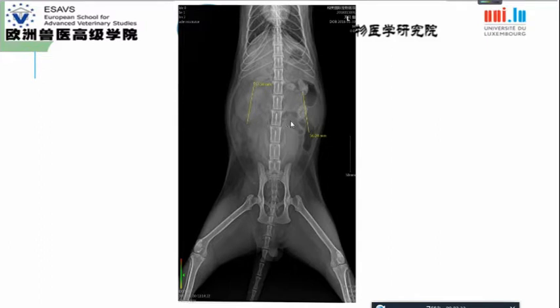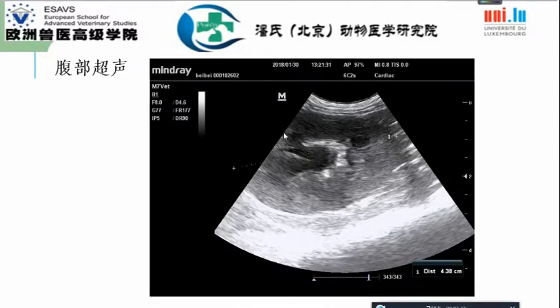So this is another X-ray, and here is the urinary bladder, and now we will see the ultrasound, and here is the kidney. We cannot put all the image of the kidney in one picture.